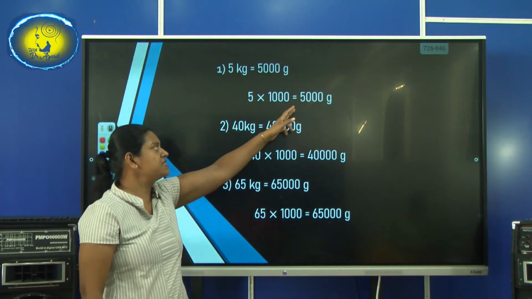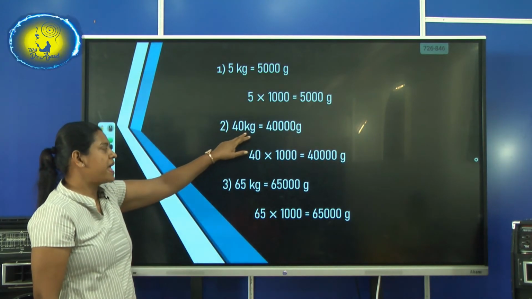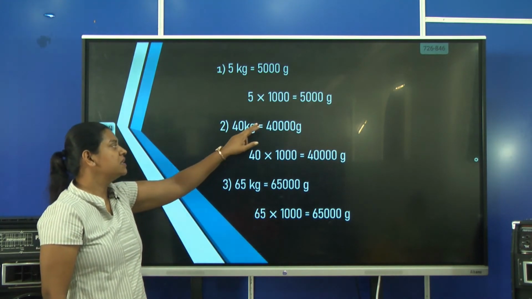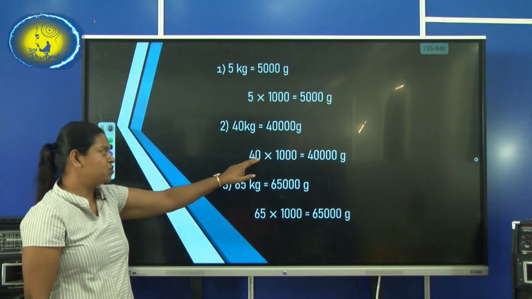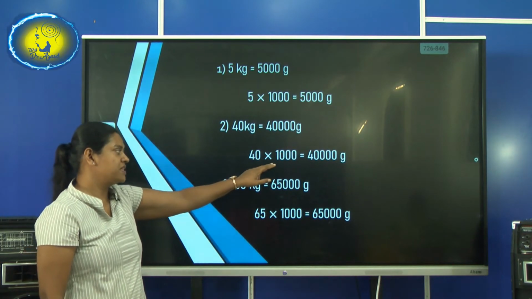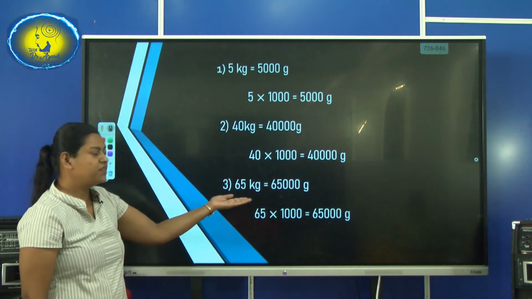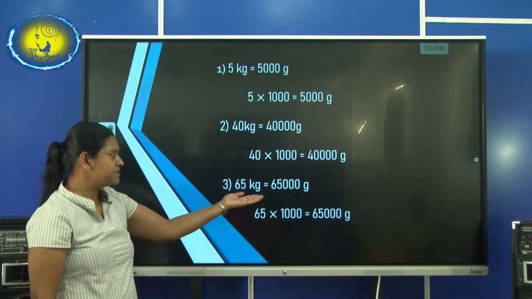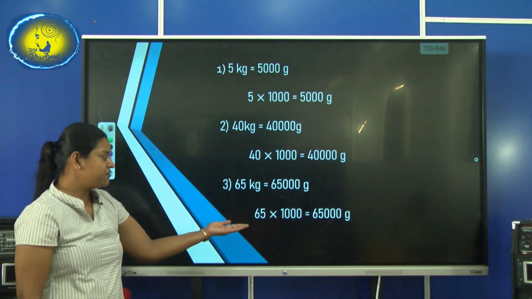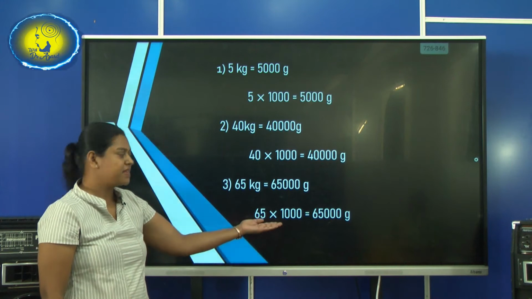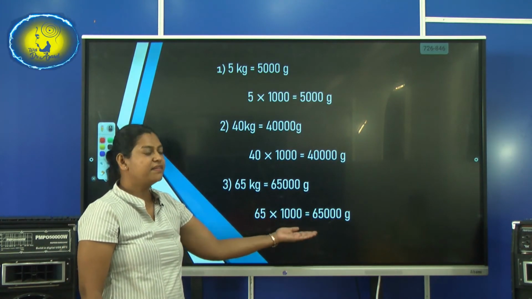The answer is 5000 grams. 40 kilograms equals 40,000 grams. 40 you should multiply by 1000, 40,000 grams. 65 kilograms equals 65,000 grams. 65 you have to multiply by 1000. It will be 65,000 grams.